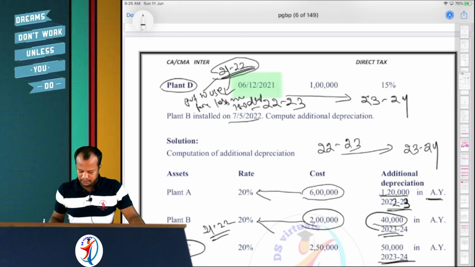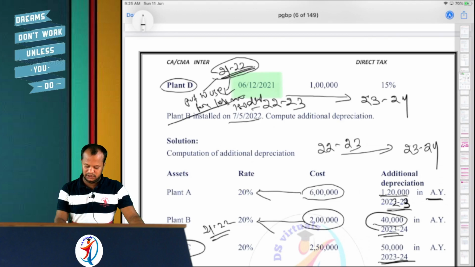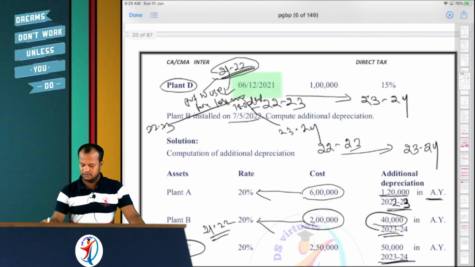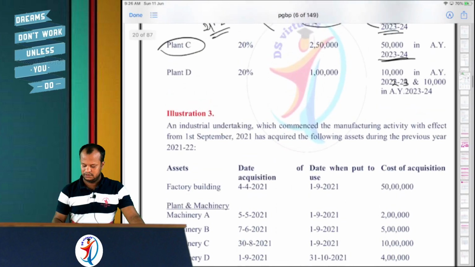So additional depreciation at the rate of 10% can be claimed in 22-23, and the balance 10% can be claimed in 23-24. So 1 lakh into 10%, 10,000 in assessment year 22-23 and 10,000 in assessment year 23-24.